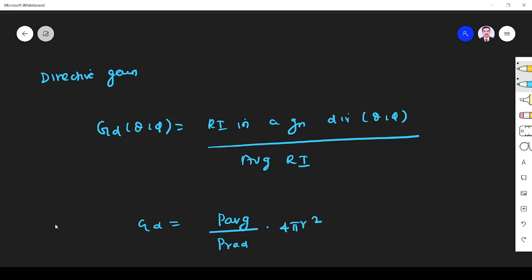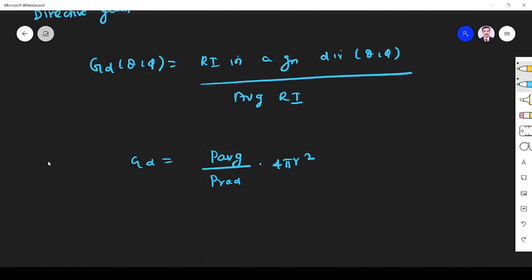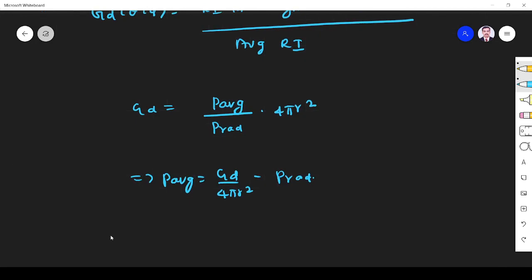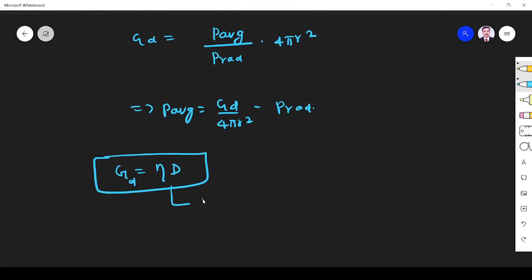So P average is equal to GD by 4 pi r squared into P radiation. That is one important relationship between gain and directivity. Directive gain is equal to eta into D, where eta is the efficiency of an antenna.